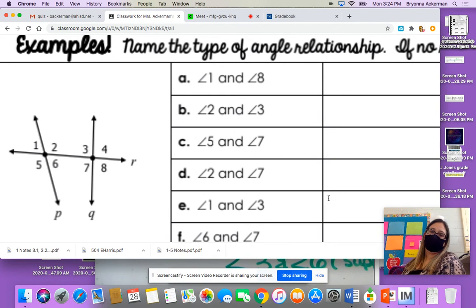And then the last one, 6 and 7. Interior, exterior, or both? For 6 and 7. Interior, same side or alternate? Same side, good. 6 and 7 are same side interior angles.